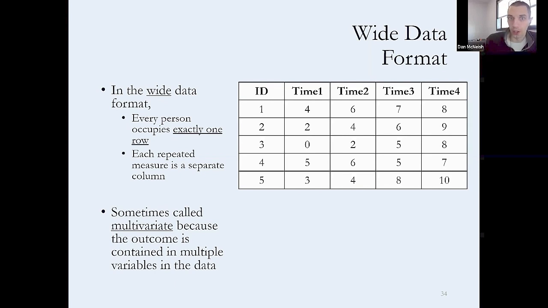Row 2 corresponds to all the repeated measures for person 2, and so on. This data structure is also sometimes called multivariate because your repeated measures are different variables in the data. So time 1 is a separate column or variable than time 2, then time 3, and time 4.